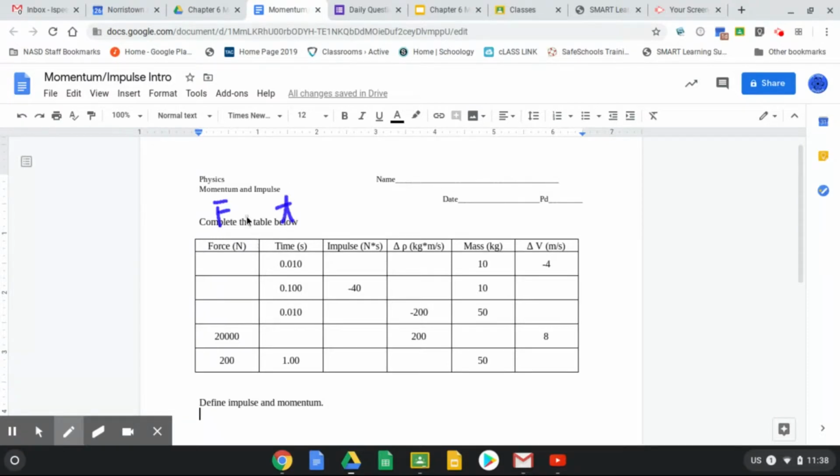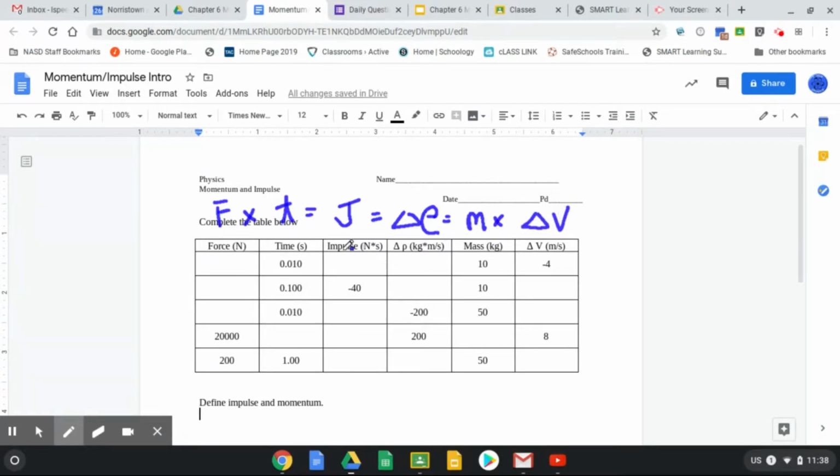What do we know if we multiply force by time? That's right. That's equal to impulse. But impulse can also be talked about as a change in momentum, which is also equal to a mass times change in velocity.